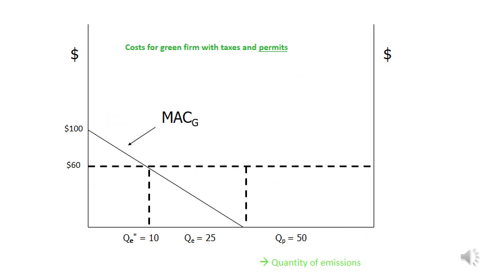All right, so now let's see what happens when instead of being taxed for polluting, the firm is given license to pollute with permits. And again, they've got that same marginal abatement cost. That's 100 minus 4Q. And this is the green firm. Well, this green firm, in absence of policy, only emits 25 units of pollution.